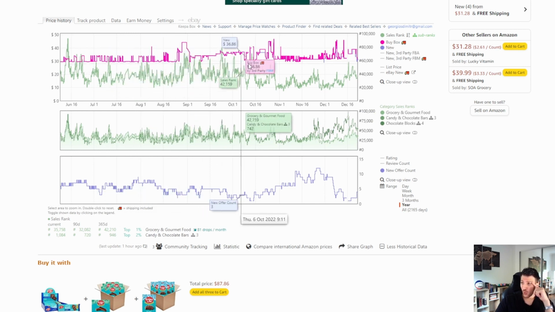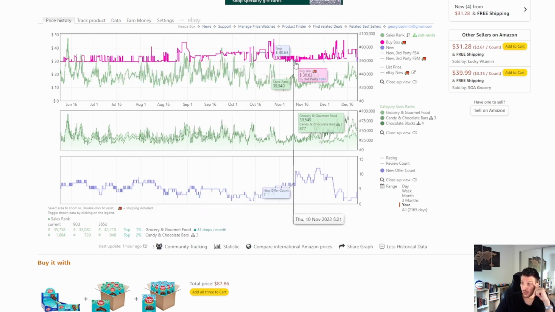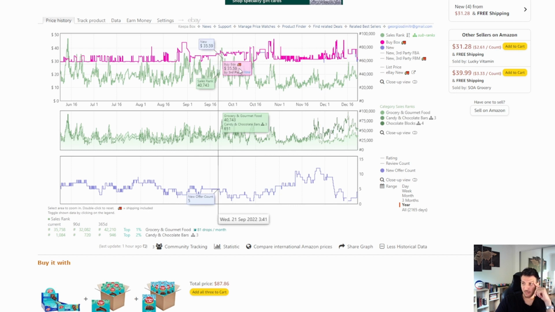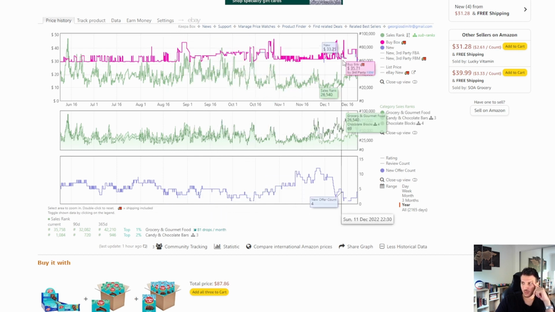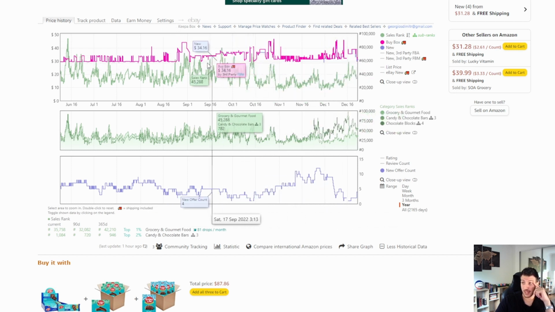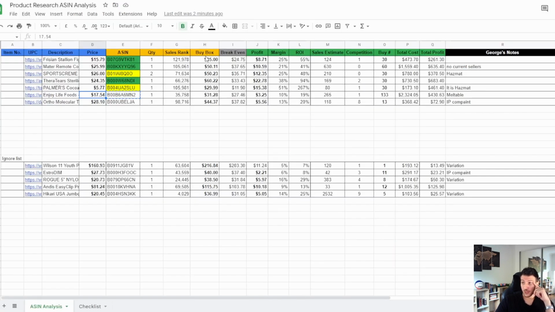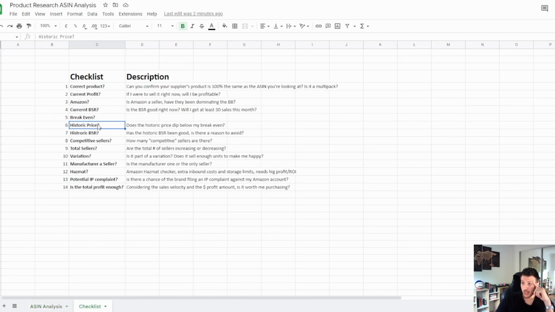It seemed like it's always above the break even, because we're looking at numbers here, 31, 30. So it seemed like it's above our break even, not too much above, but just enough to be comfortable, because I don't see any downward spikes where it dips below the break even. It seems to be pretty much a $2-3 difference between our break even at all times, or maybe even $4. So that seems comfortable.